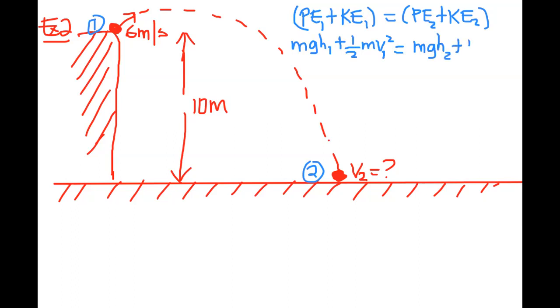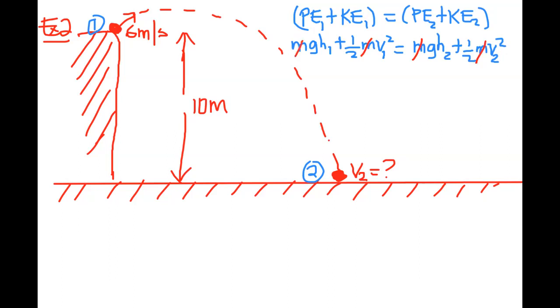Can you guess? 1/2 mass times velocity at position 2 squared. We can cancel out the mass. As you can see, the mass cancels out on every term.